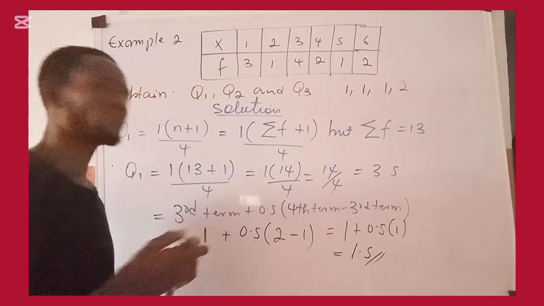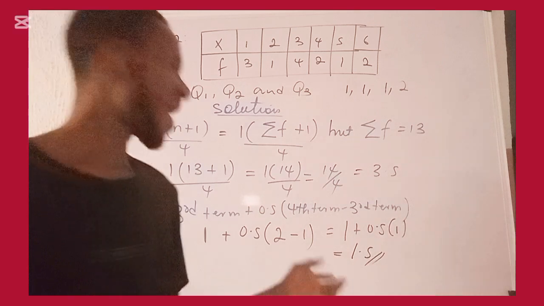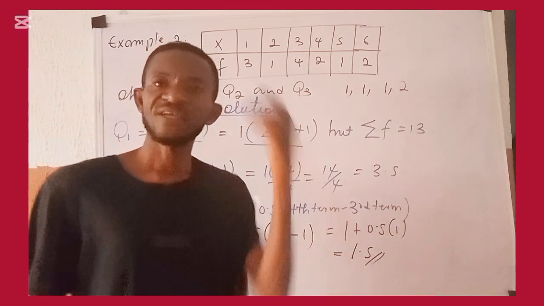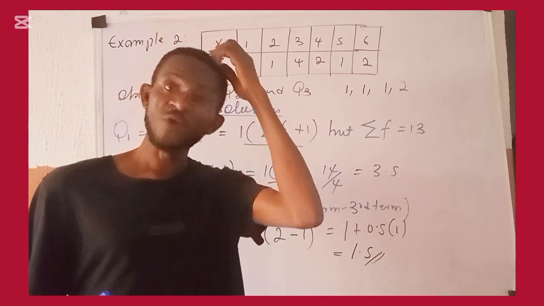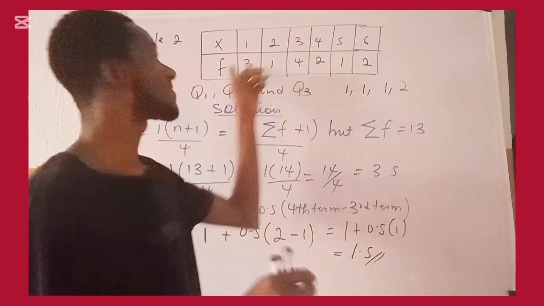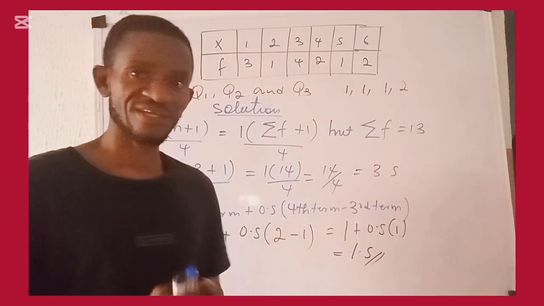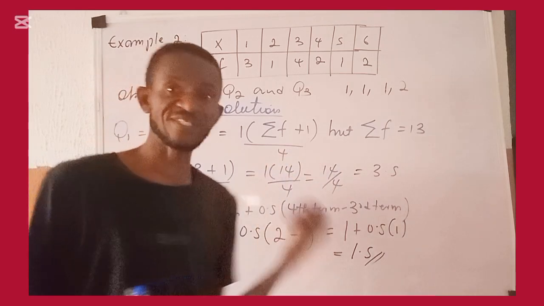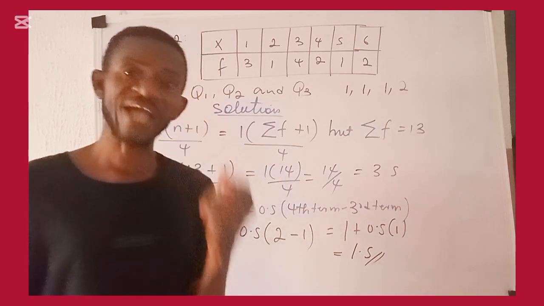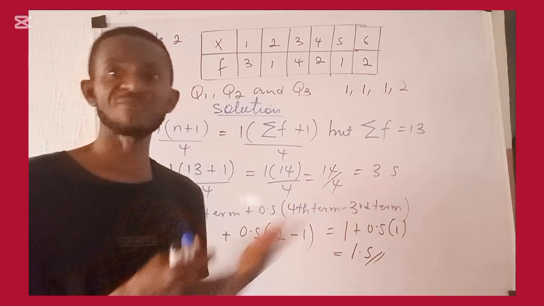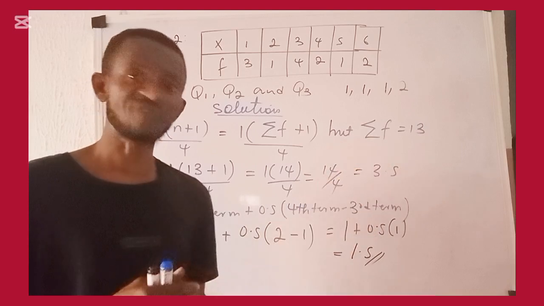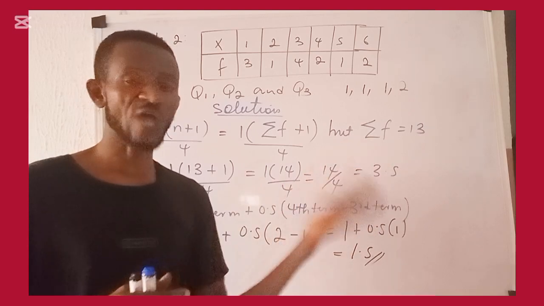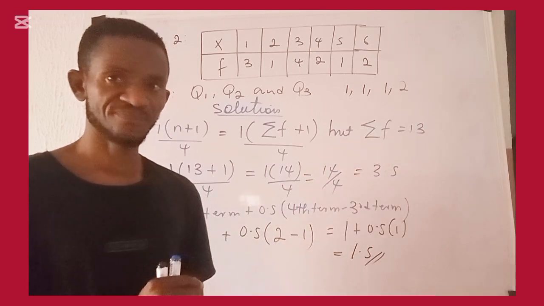And this was the value we got when we were trying to find the boundless coefficient of skewness using the same data set. And that was why we said in that class that it is good for students to revisit this class on quartiles to be able to have a comprehensive understanding of how to obtain the values of Q1, Q2, and Q3.